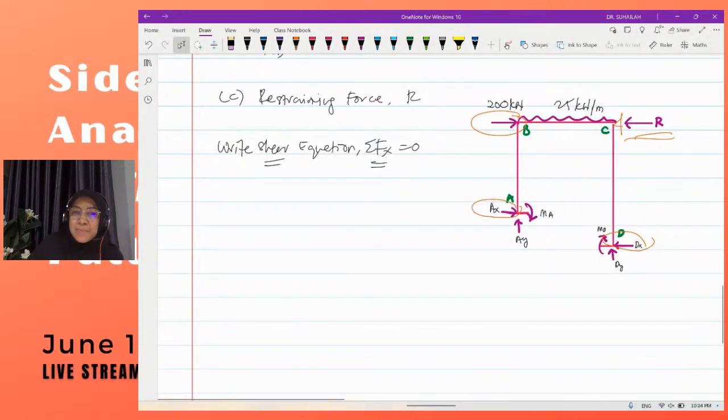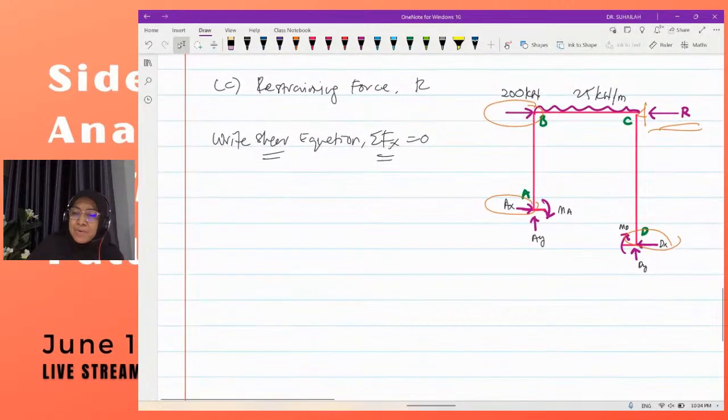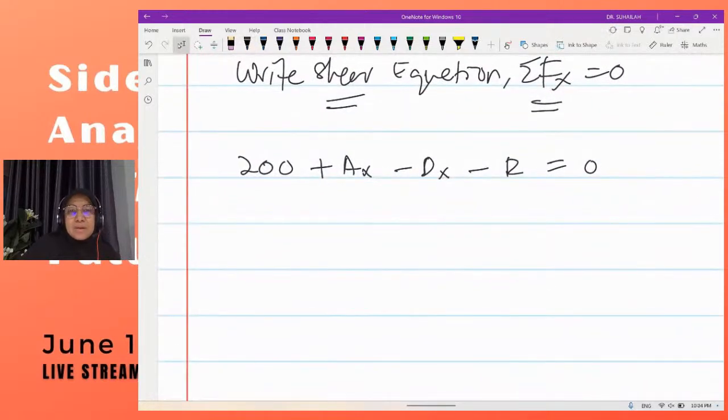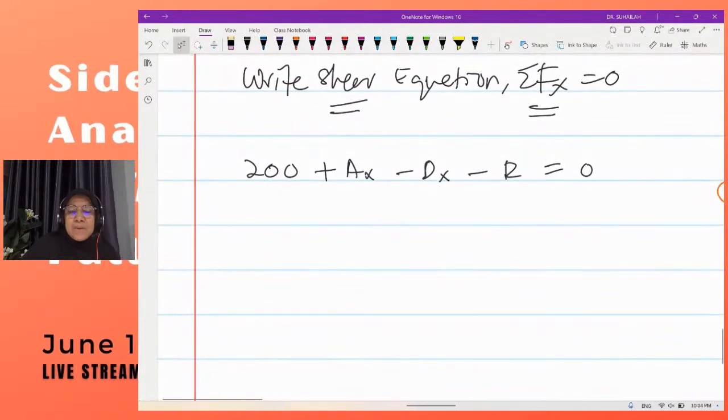So using the diagram, we write one equation. It is 200 plus Ax minus dx minus R equal to 0. That is why the diagram is very important.